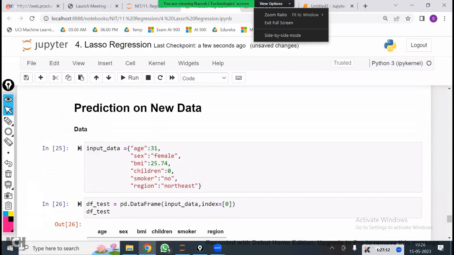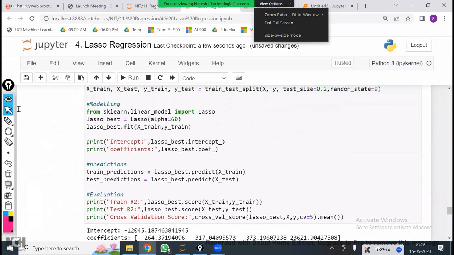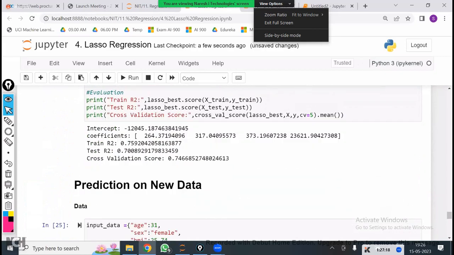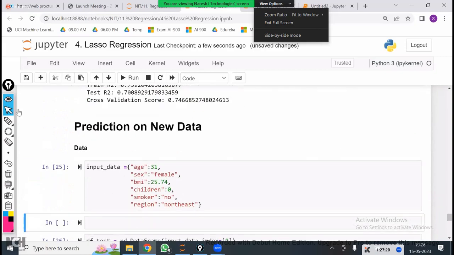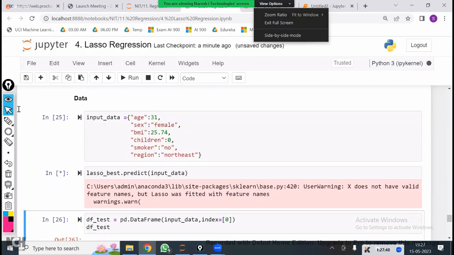Now here, what is the model name? Finally, the best model is named lasso_best. This is the data. For this data, if I apply lasso_best predict directly on the input data, what happens? It is going to throw an error.